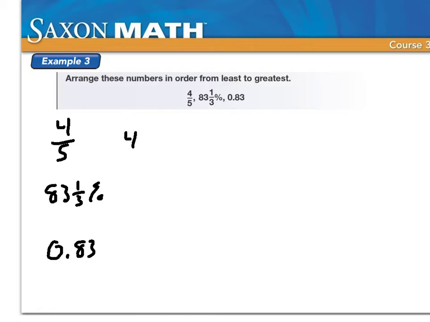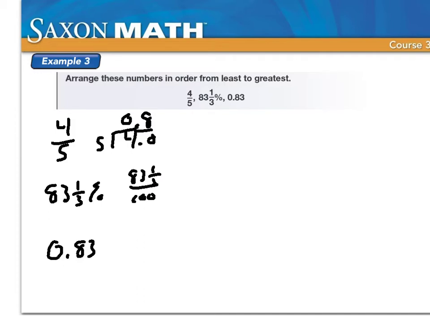Well, 4/5 as a decimal. 4 divided by 5, that's 0 point, and 5 goes into 4 8 times. Okay, so far we've got 0.8 and 0.83. 83 and 1/3%, remember that's 83 and 1/3 out of 100.